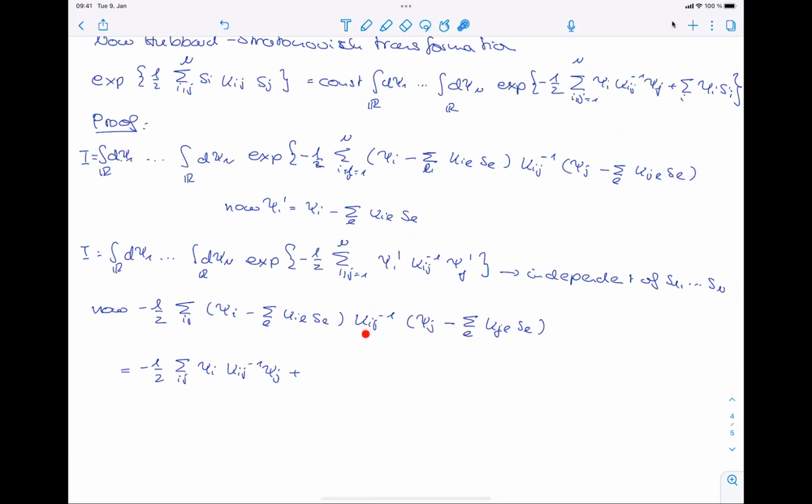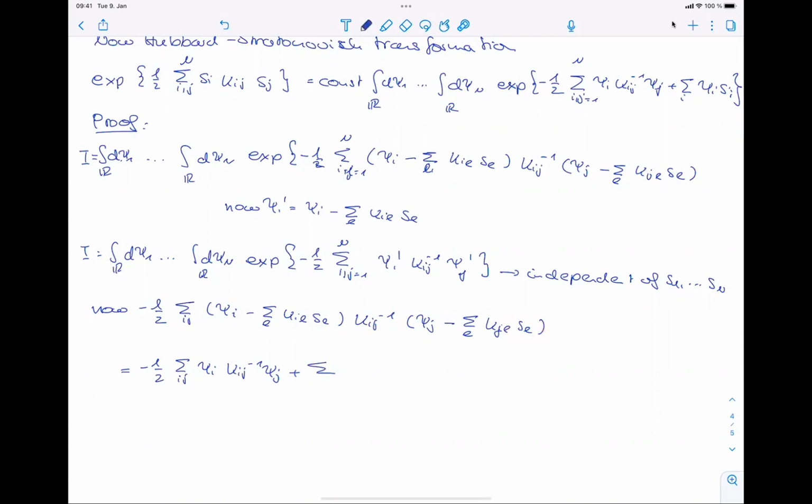What happens if I multiply K_ij inverse with K_jl and I'm summing over j is that there's only one contribution, for delta_jl. So I sum over j, and what's left is a delta_il, and delta_il then makes the s_l into an s_i.